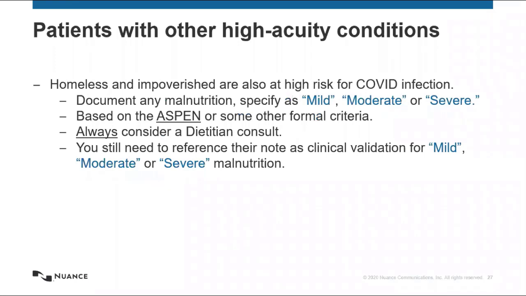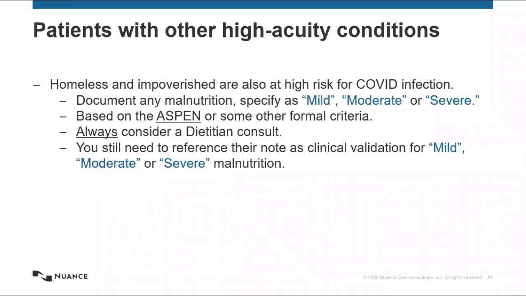We have a large number of patients, especially in the cities, that are homeless or impoverished, and these are also patients that are at high risk for COVID infection, mostly because of their inability to protect themselves. When it's relevant, please document malnutrition. Your first call should be the malnutrition. Your second call should be to a dietitian, because we always need to specify the malnutrition as mild, moderate, or severe.